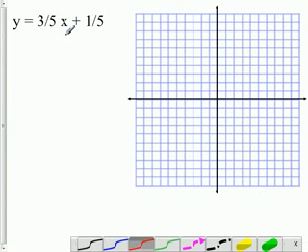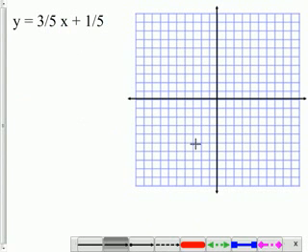All right. We're going to start with a linear function, one whose slope is 3/5 and has an intercept of 1/5. And I want to show you both what this looks like graphically and algebraically. We're going to start with the graph of this function really quick. And we know that the slope is 3/5, and it goes through a y-intercept of 1/5.